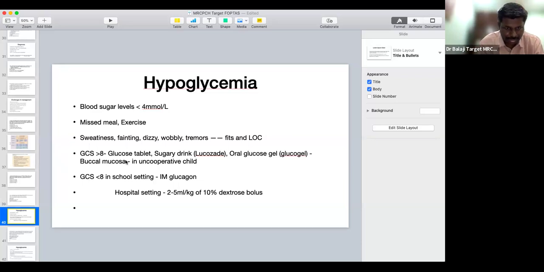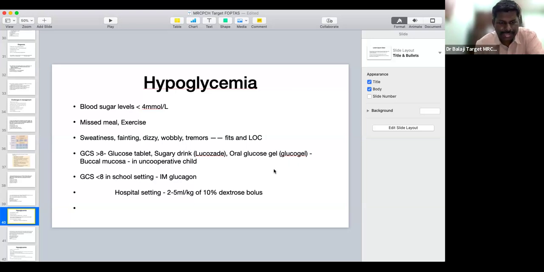So while deciding the type of treatment, you have to look into the sensorium. If the sensorium is good, GCS is more than 8, then you can go for the oral choices: glucose tablet, sugary drink, or oral glucose gel which can be kept in the buccal mucosa in an uncooperative child.